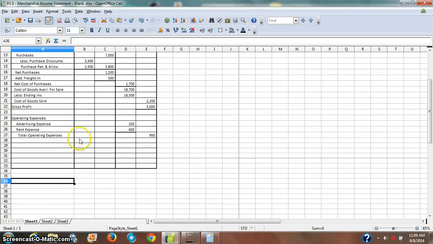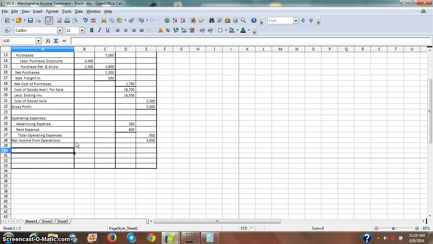And this will let me get net income from operations, which is going to be my gross profit minus my operating expenses. It's a little bit less. When we take into account paying the rent, we didn't make quite as much money.